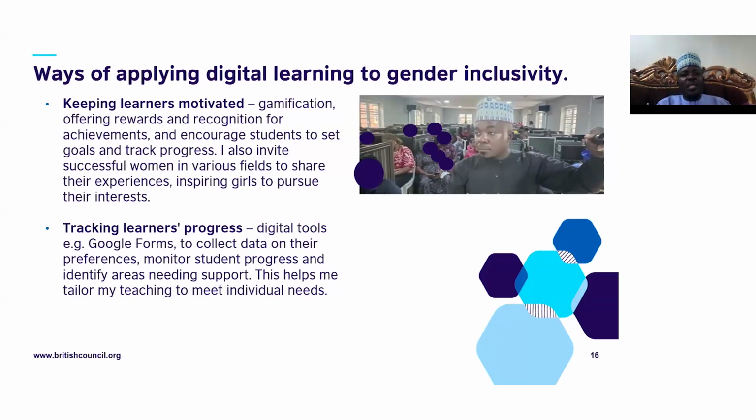Where I cannot get them to come to class, I use their pictures and their achievements to encourage the girl child. Because in northern Nigeria, the girl child at some point is most likely left behind. So this has helped me to encourage my students to see that any achievement that you think a boy child can achieve, the girl child can achieve too.